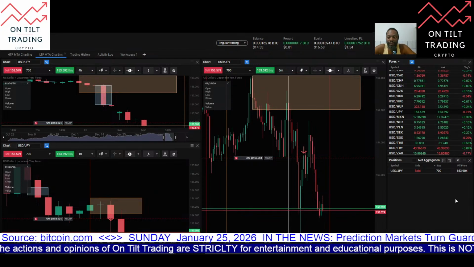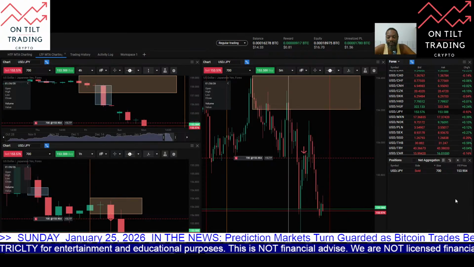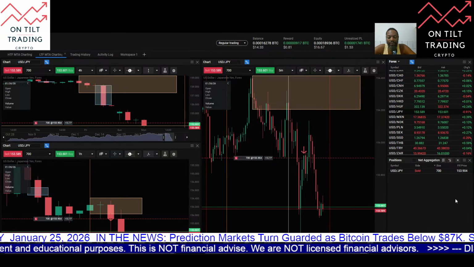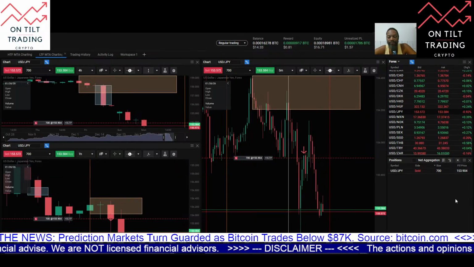Now we can see some sell side with speed here as price is reacting from this sell side imbalance, buy side inefficiency, or bearish fair value gap here on the 5-minute chart.